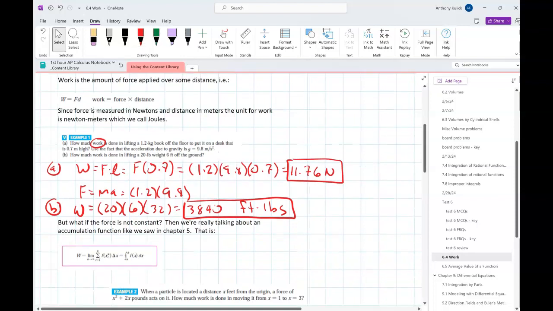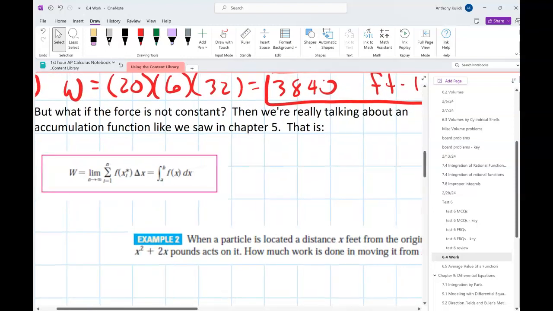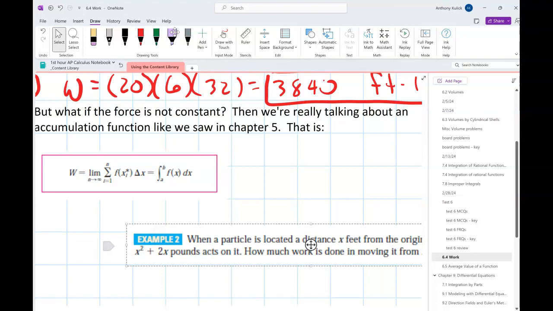Okay. So notice here in both of these problems, the force would be constant because gravity is constant, right? That makes it an easy, high school physics problem. But what if the force isn't constant? Now, to calculate that work, we'd have to sum these infinitesimally small sections of force, times the distance they've traveled.